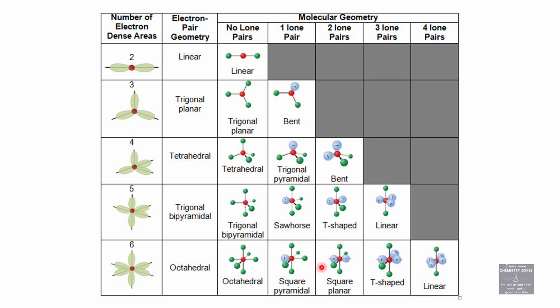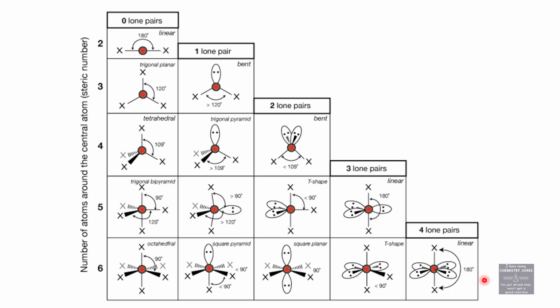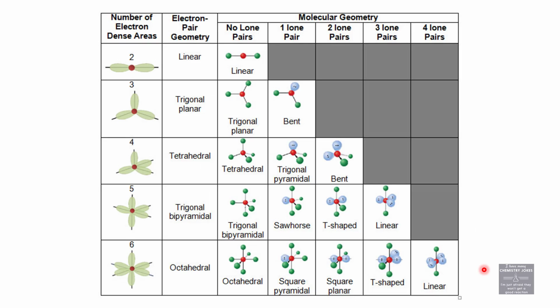So I like the organization of this one, but this one is missing bond angles. This one is a little less clear organization to me, but if you like it, that's cool. But it has the bond angle, so I love that. So we'll use these combinations of charts to label given Lewis structures that we draw.